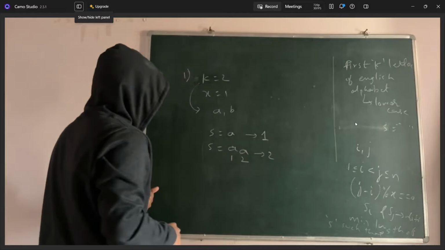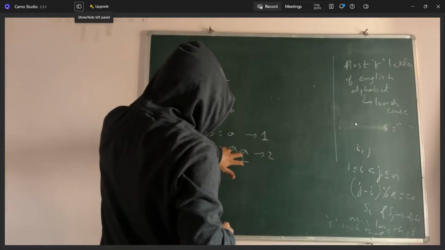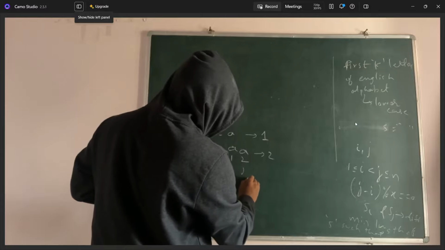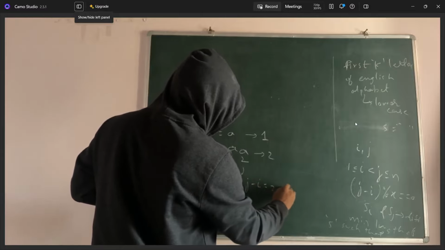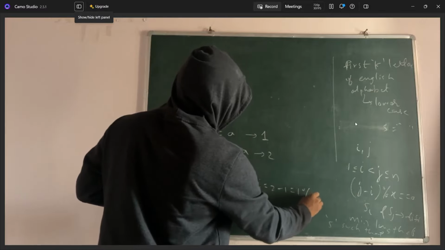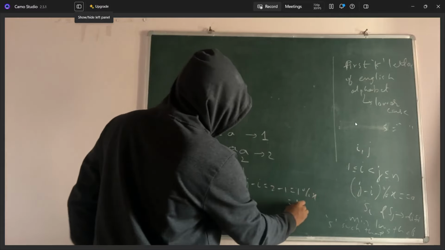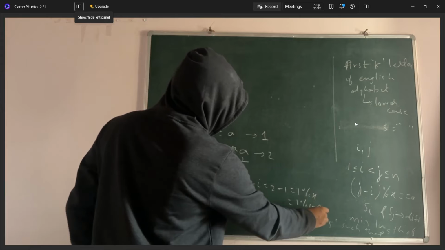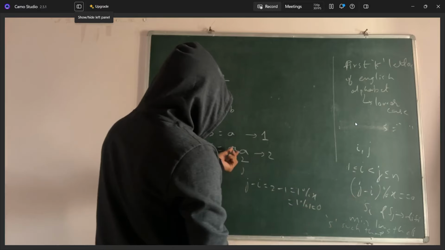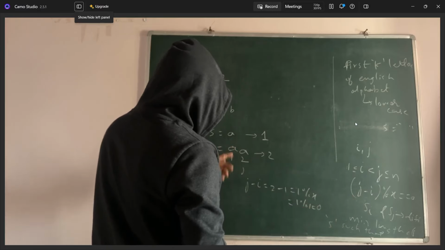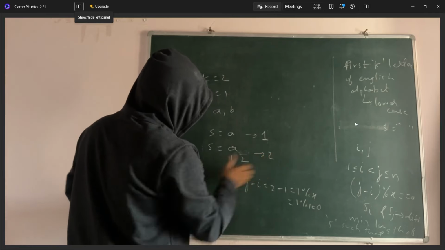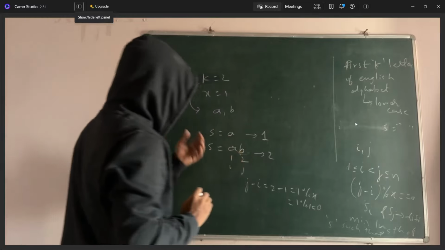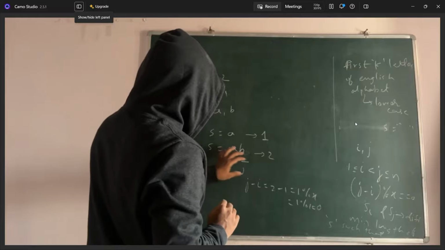Let's take this pair, 1 comma 2. j minus i is 2 minus 1, which is 1, and modulo x, which is 1, so 1 modulo 1 is 0. Since it is 0, these two have to be different. So let's make this b. Now this is also valid, since these two are different. So two length is also valid.